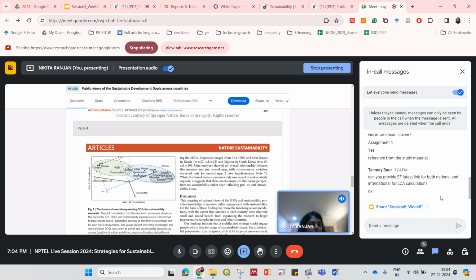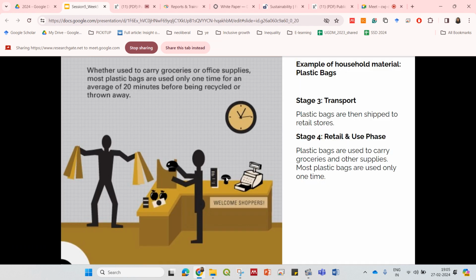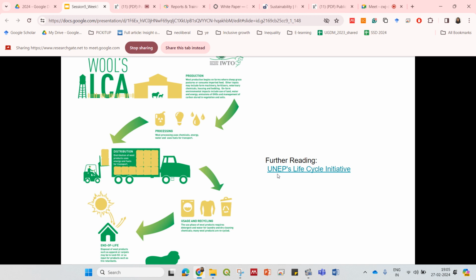What is the EF latest link? I could not understand. For LCA calculation, I provided you this link. If you can see, this is UNEP's life cycle initiative. I provided the link for this.